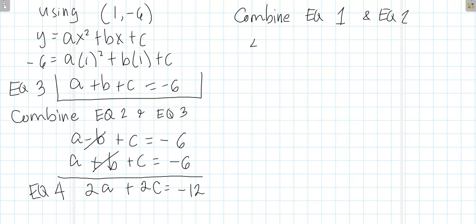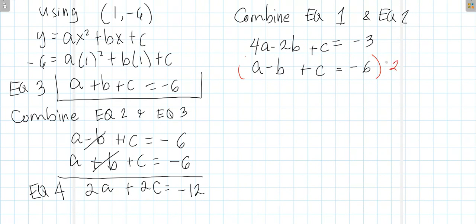Your equation 1 is 4a - 2b + c = -3, and your equation 2 is a - b + c = -6. In order to remove one variable here, say, for example, we want to remove b.